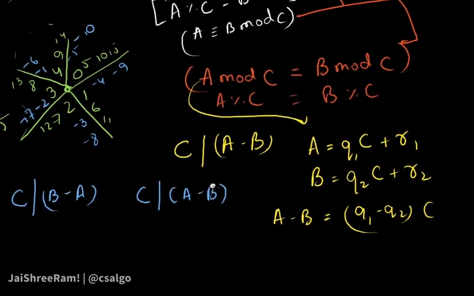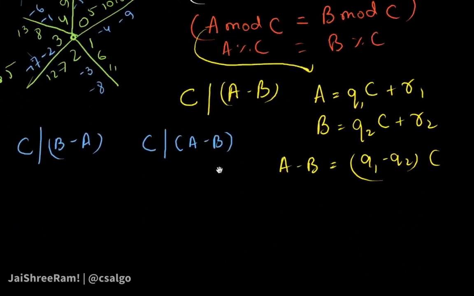Another expression would be that A is equal to B plus K times C for some K. Now this should become trivial because the remainders are the same. So the only thing that differs is a multiple of C, right? So if you add some integer constant K times C, you would be able to make them equal.